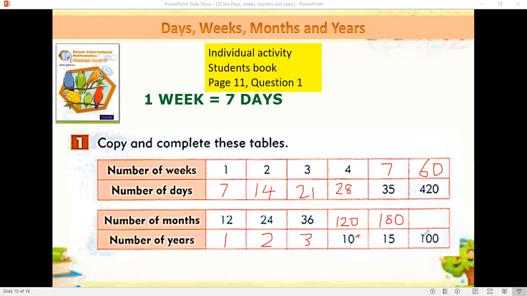What did you get? There you go. Okay, so always remember, in 1 week there are 7 days, and in 1 year there are 12 months. So you will just multiply or divide to get the months. Okay, to get the months, you're going to multiply, and to get the years, just divide. Simple as that. Who got it all correctly?